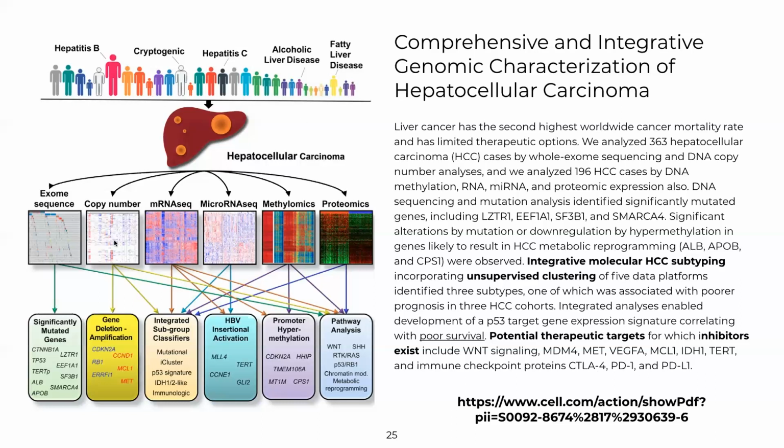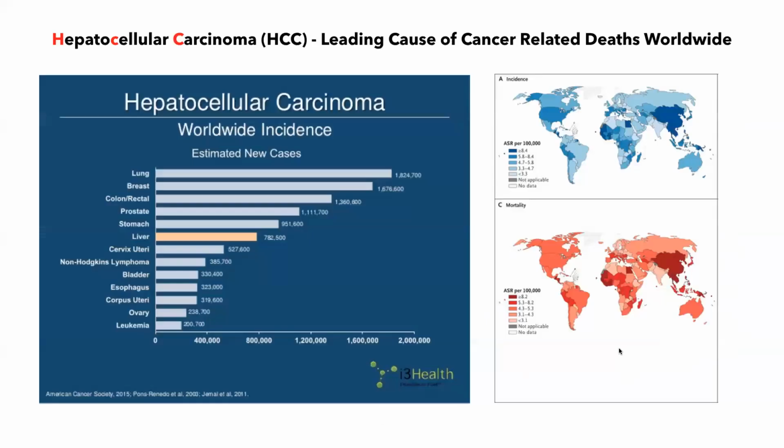And so you can see kind of a visual summary of this data right here. And here we have the link to the PDF of the publication, which is also available in the folder that was shared with you. So in the sense of this hepatocellular carcinoma, they have to give a reasoning of why they chose this, right? And as you look at this map, you can see incidence and mortality of HCC patients.